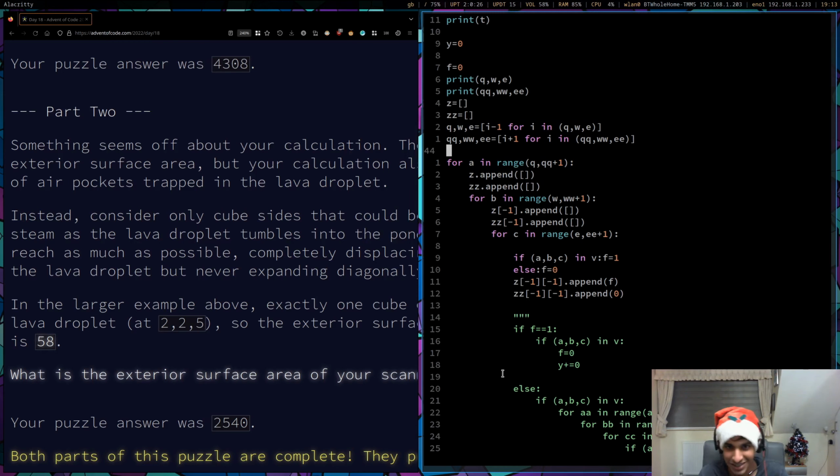Basically I'm mapping my coordinates to the 3D array. Right now I have a set of coordinates, but I want it as a full 3D array. If there is a block of lava there, that coordinate in the 3D array is 1. If there's no block of lava, then it's 0. That's what that bit does.